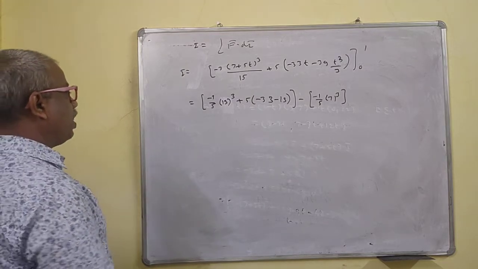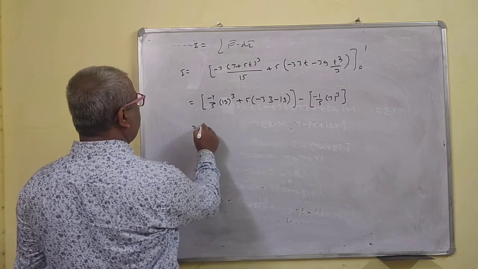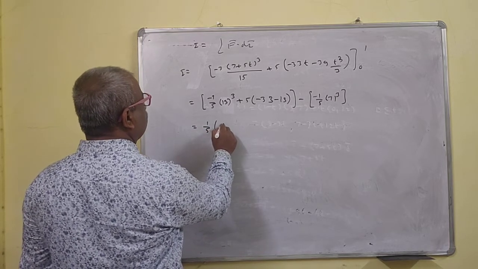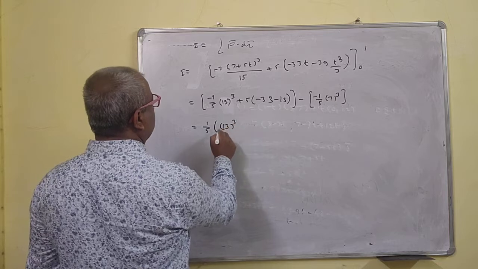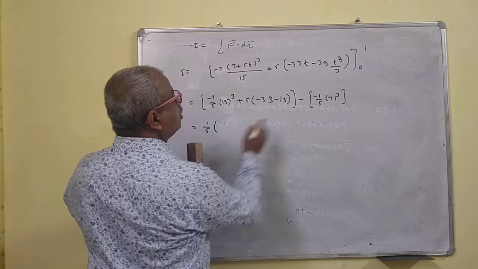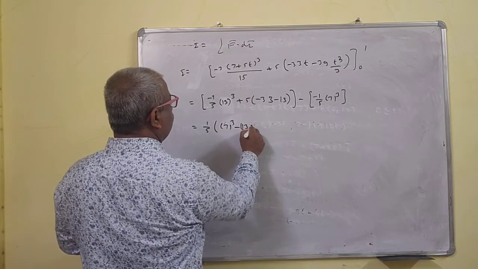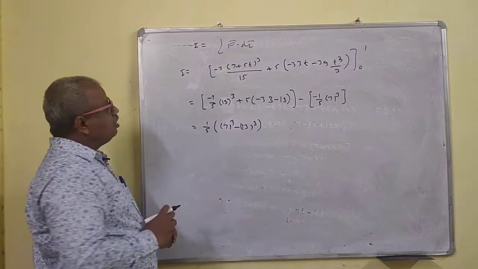So you may keep this as it is, or you may simplify this. This is minus 1 by 5, so 1 by 5 times, 13 to the power 3 is minus now. So that term is positive here. So this is 7 cube minus 13 cube, minus 13 cube.